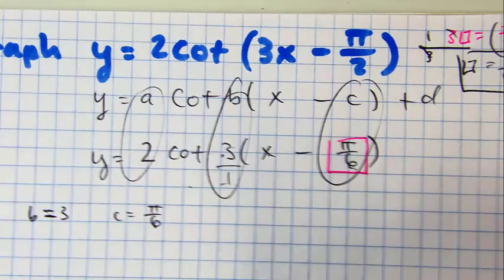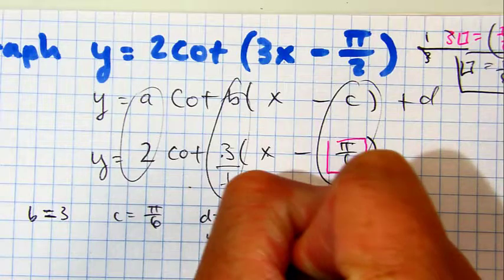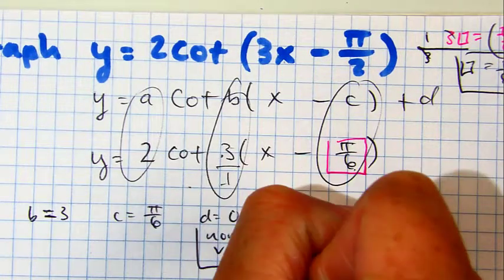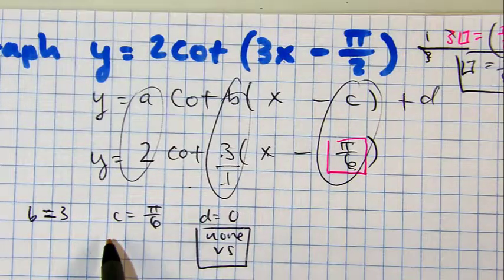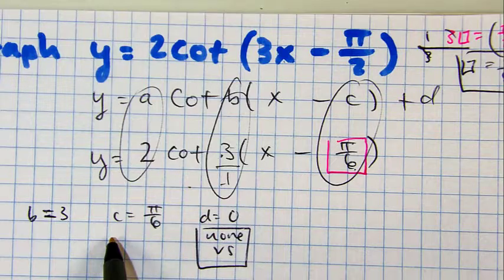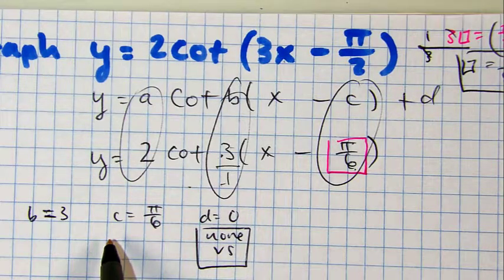And D value. So no vertical shift, none. Brianna, what does pi over 6 mean? She says right. Thumbs up, thumbs down? Going to the right is correct.